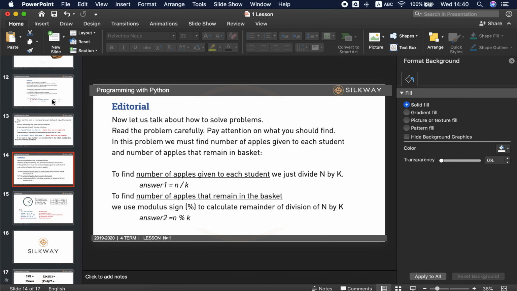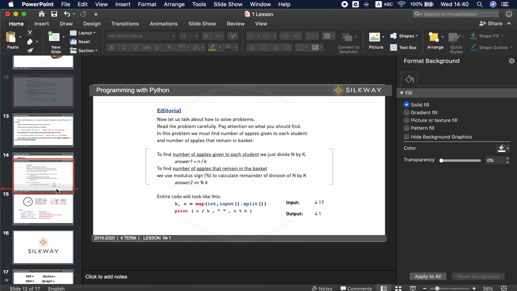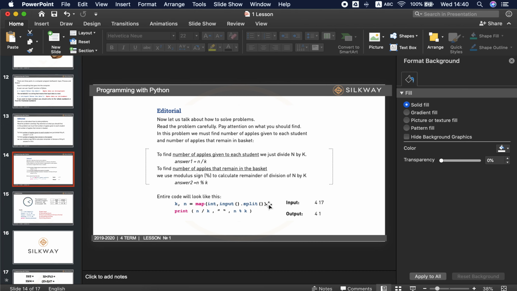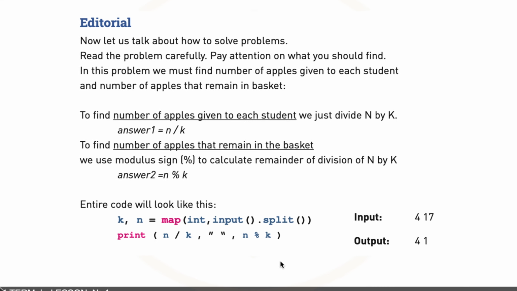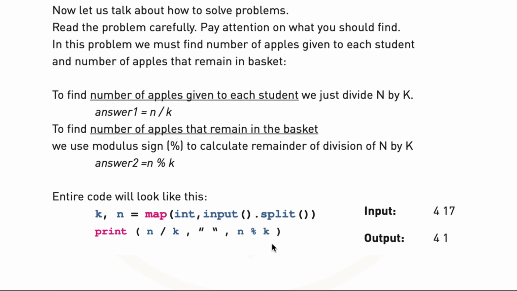We also have a second way of writing this information. You don't have to write separately for k and for n. You can use a split. Now try to write this code on your computer, tablet, or phone.